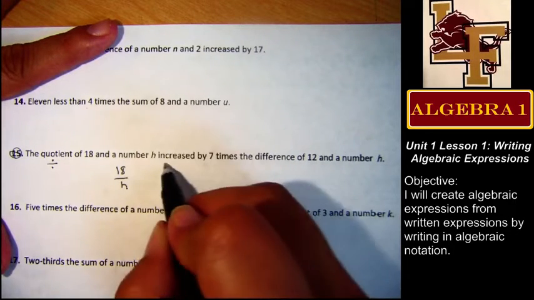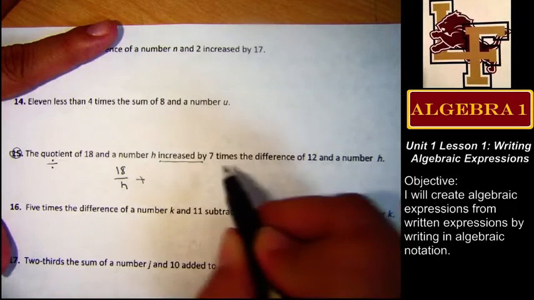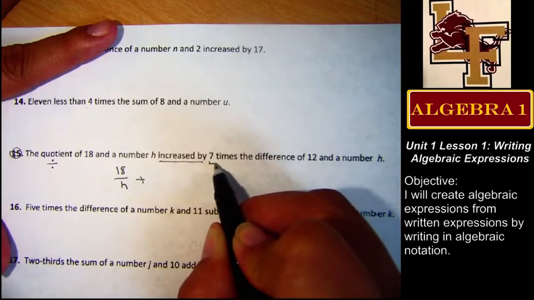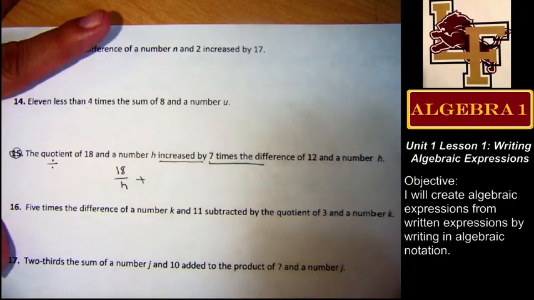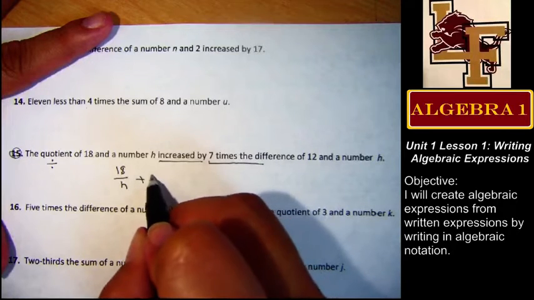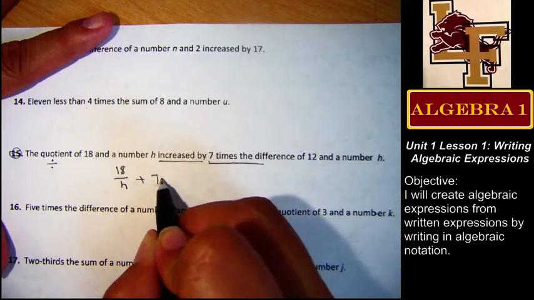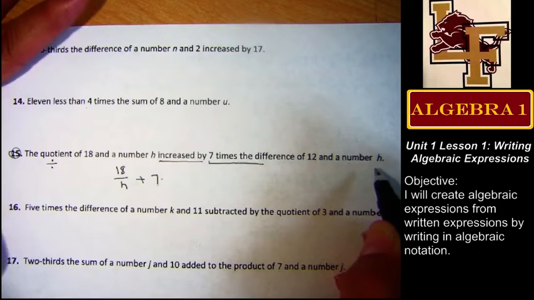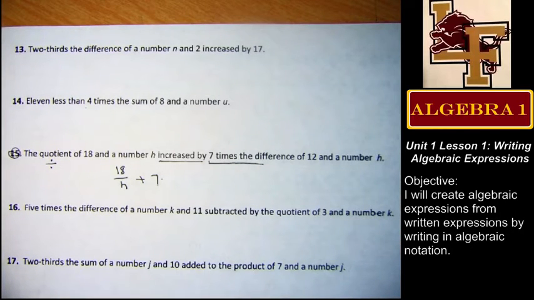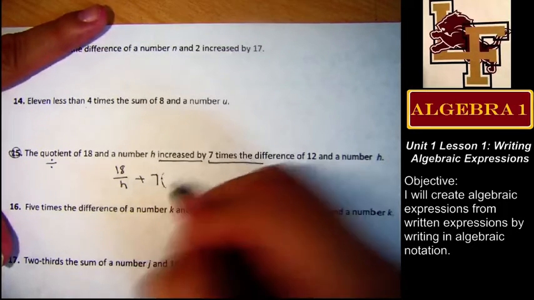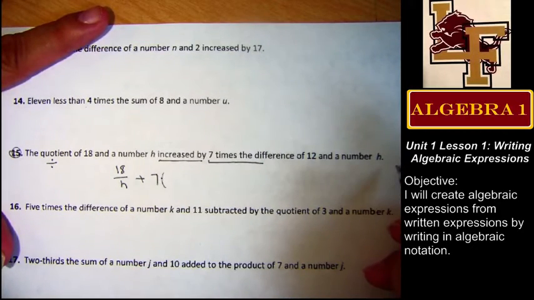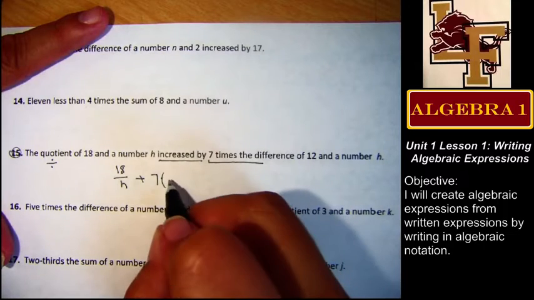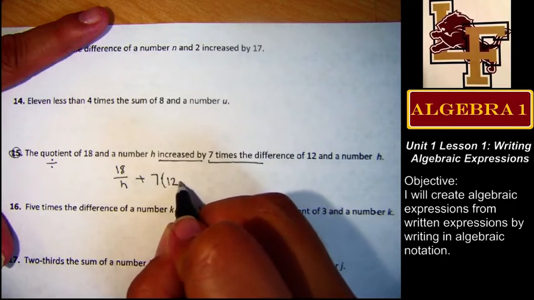You're adding by 7 times the difference of, and then I have a list of things. 12 and h. I'm subtracting in a group, aren't I? What's my group symbol? Parentheses. What's the symbol between 12 and h? Subtraction.